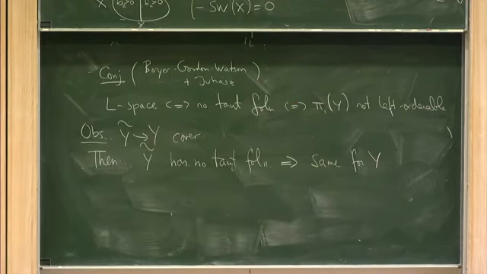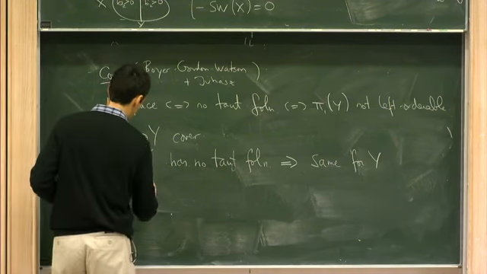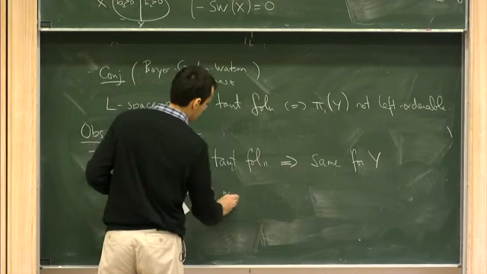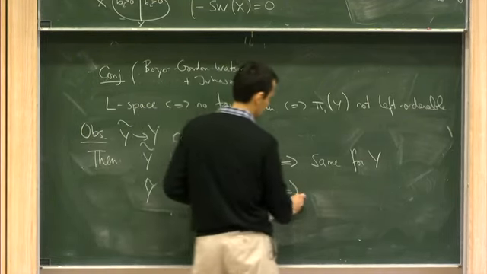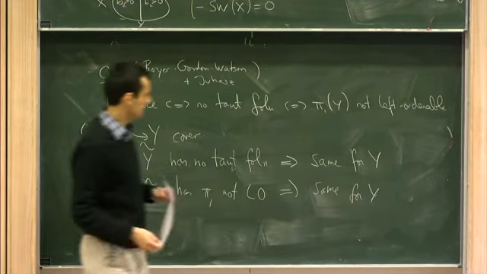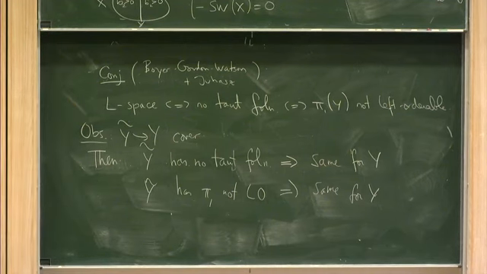If you had a taut foliation on the base, you could pull it back. That's not too hard to see, that you can preserve the tautness condition. And similarly, if Y tilde has pi_1 not left orderable, then the same is true for Y. This is even easier because pi_1 of Y tilde is a subgroup of pi_1 of Y. So if you had a left order on pi_1 of Y, you would get one on pi_1 of Y tilde.